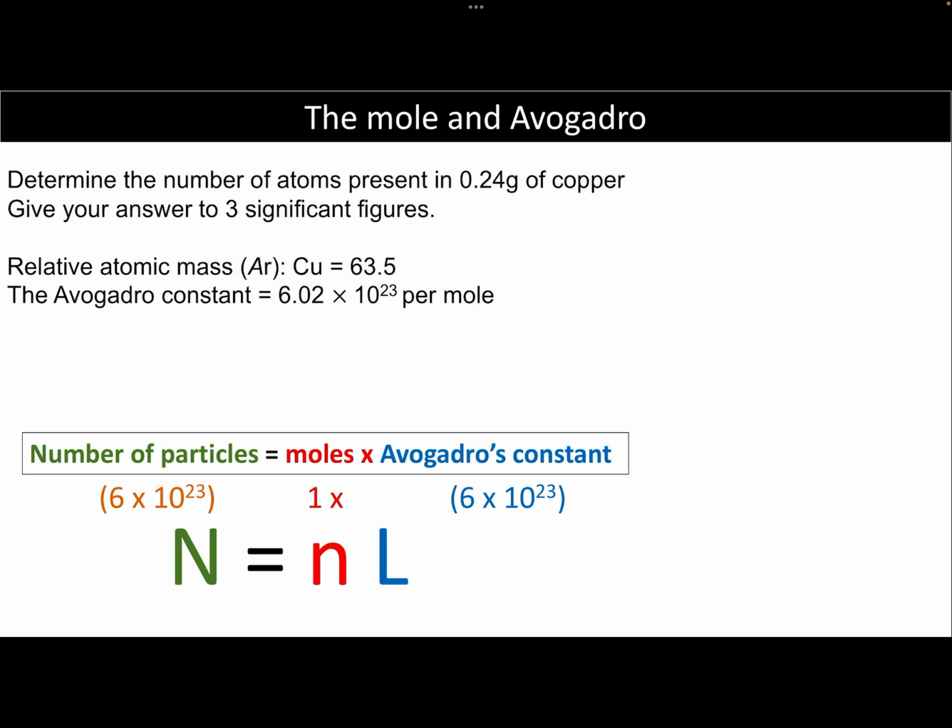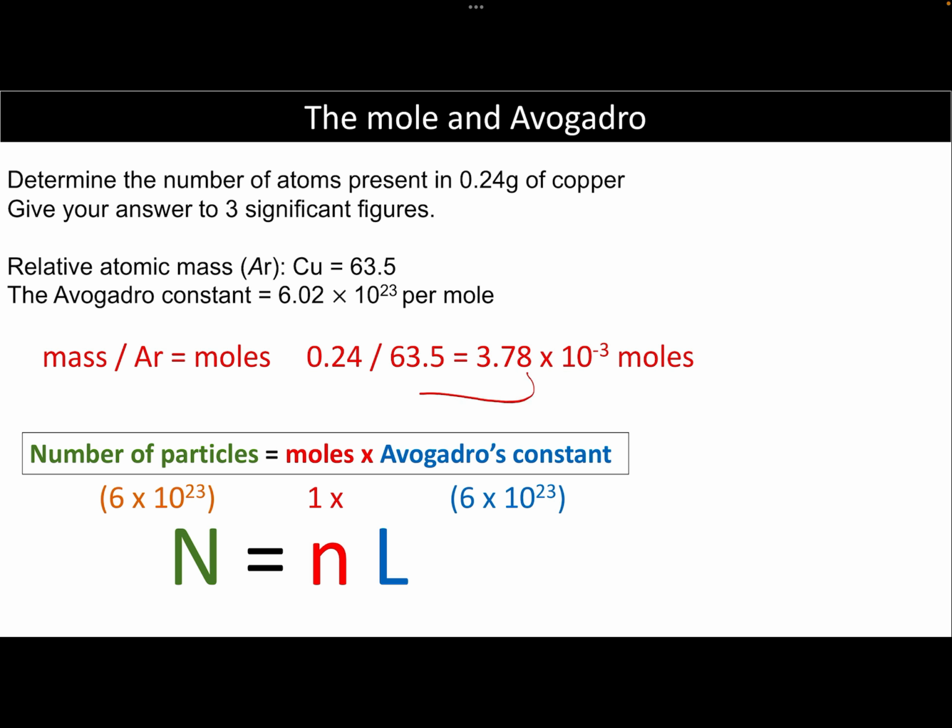I say MR, but technically if we are referring to only one particular element, we should say relative atomic mass, and you might see AR, but just for ease, most people will just simply say MR. So 0.24 grams divided by 63.5 gives us 3.78 times 10 to the minus 3 moles.